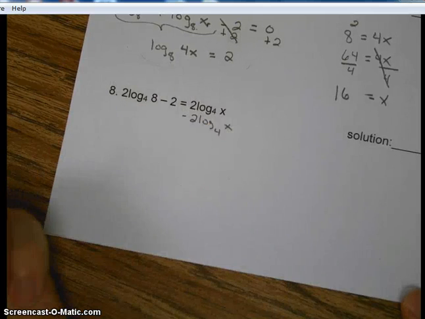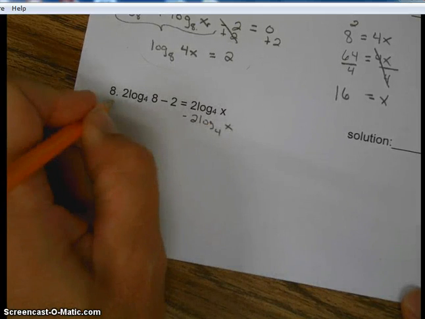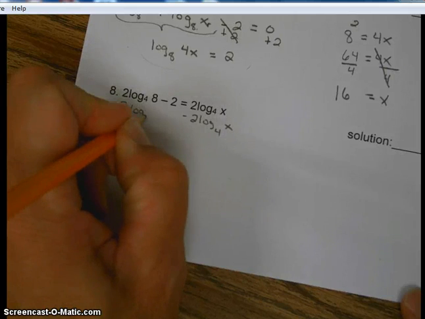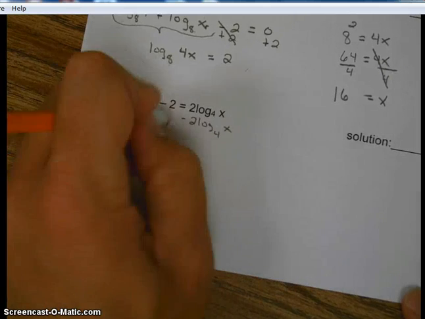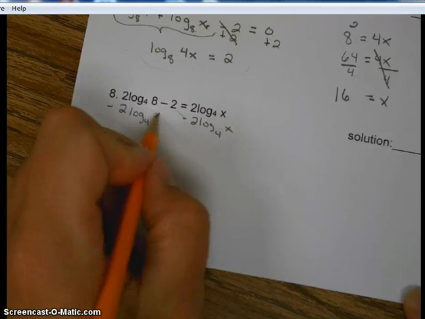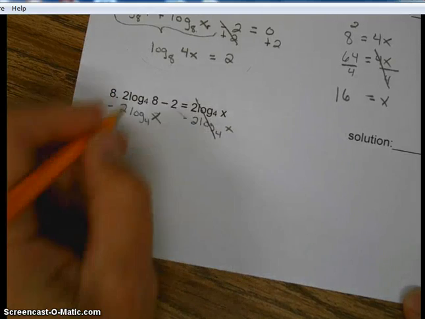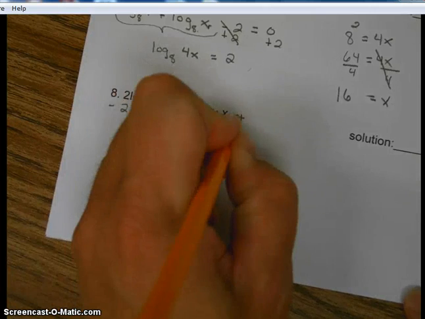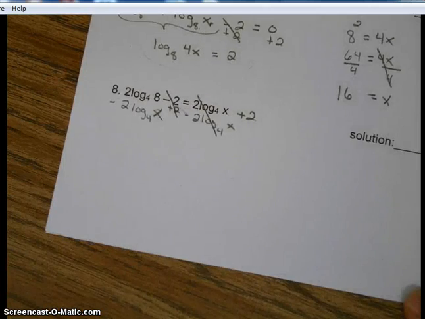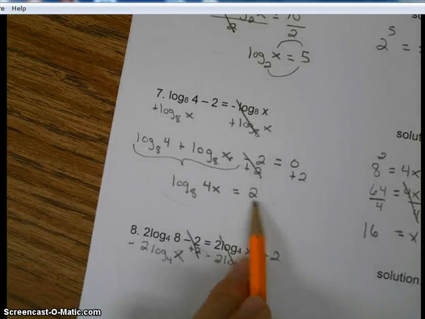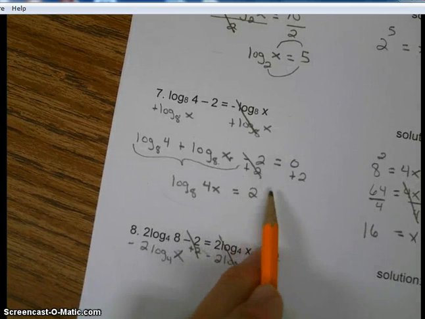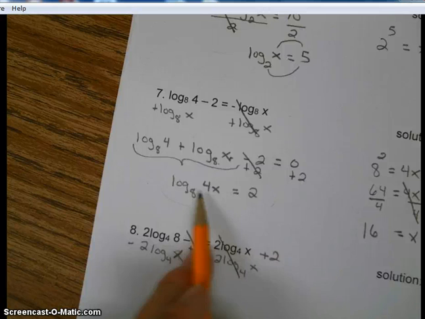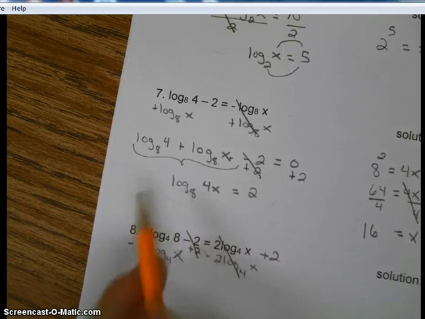I'm going to cancel it out on the right, move it over here. And then I'm going to cancel this out on the left and move that one over here. Because remember, we want the number alone, or an expression alone, on the right, and then we want the log condensed into one on the left.